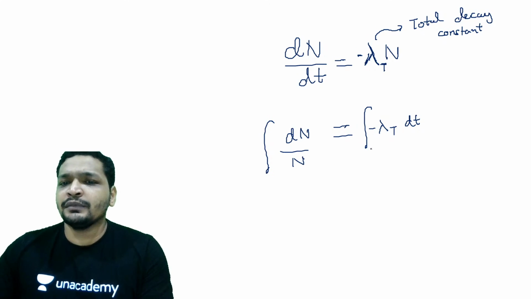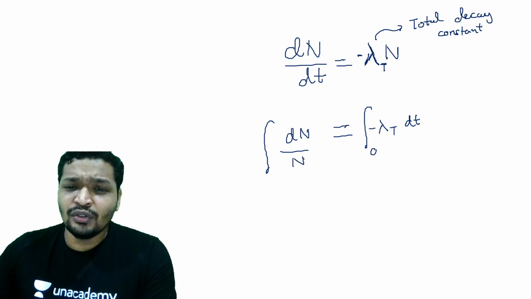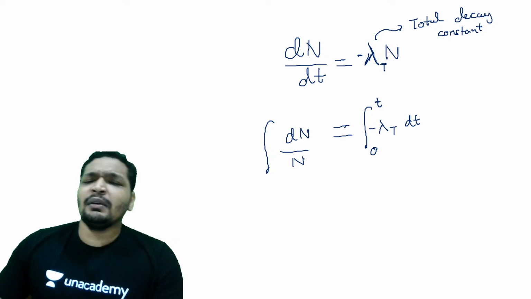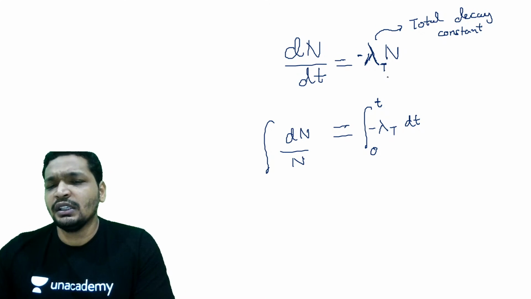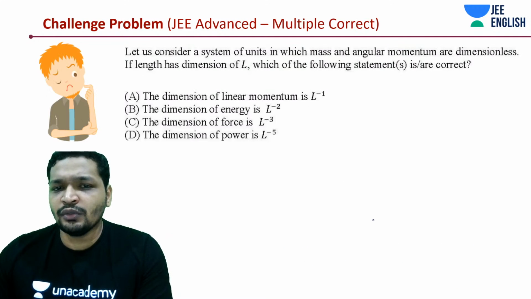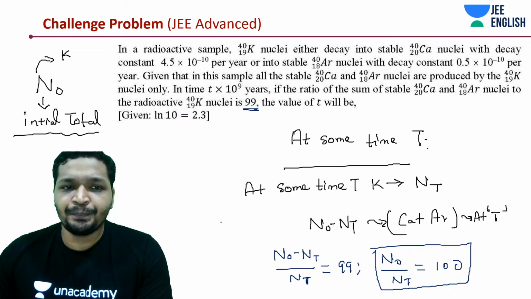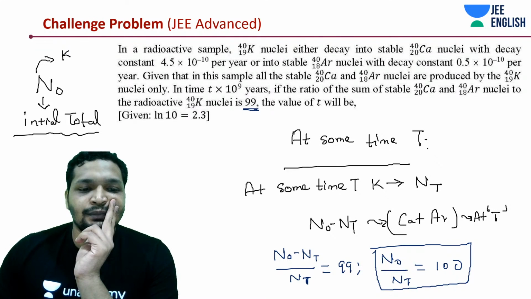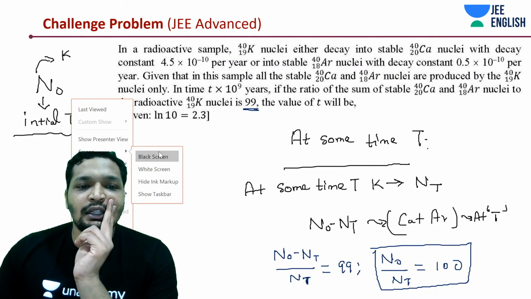and this is going to be from some time 0 to some total T. Okay, this is at the time T. I think we did until that logarithm part, and we'll continue from there.